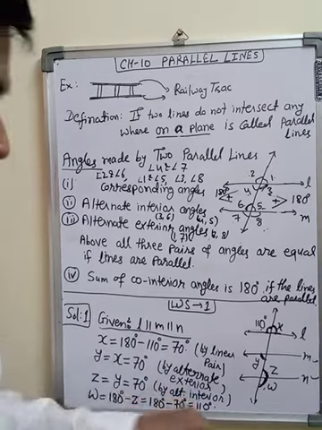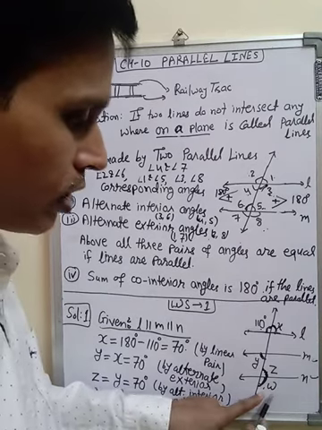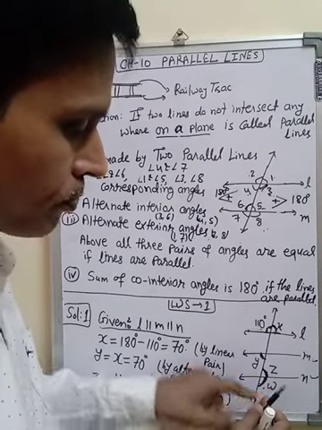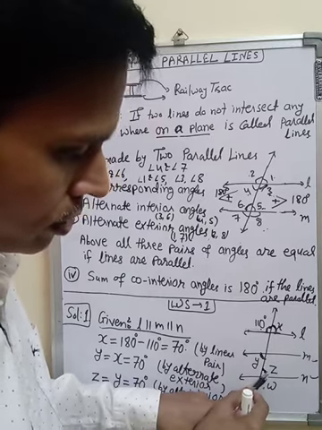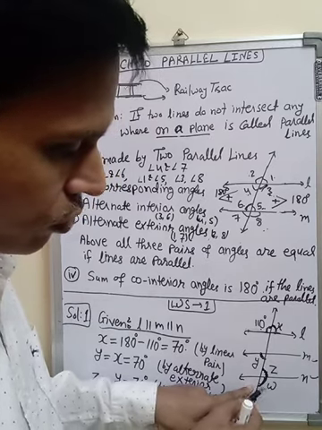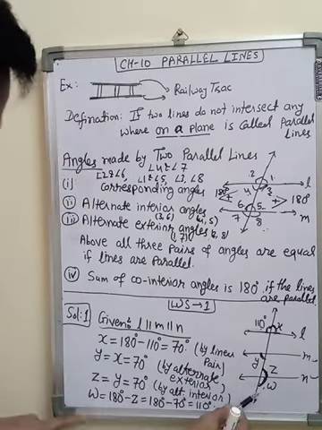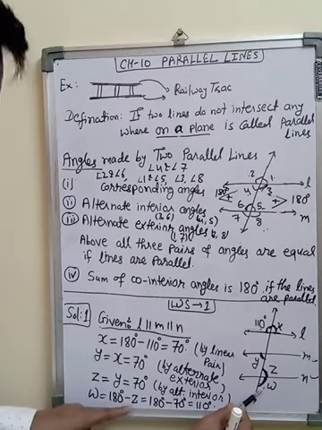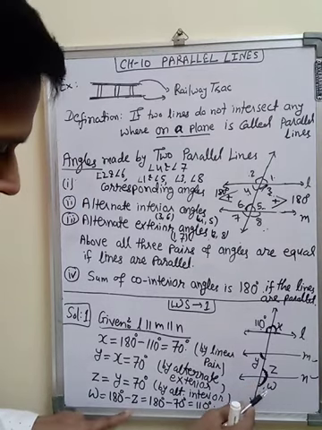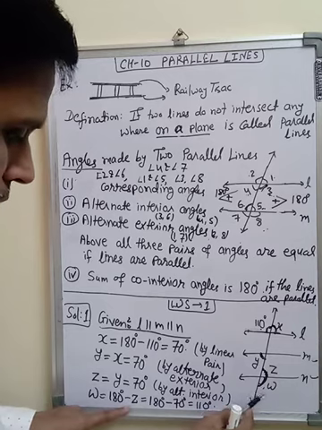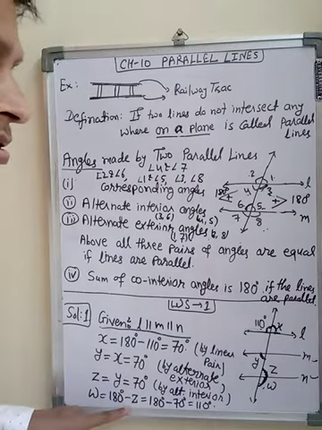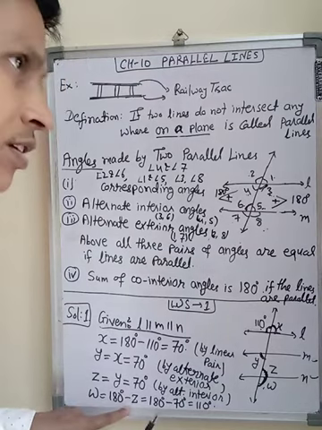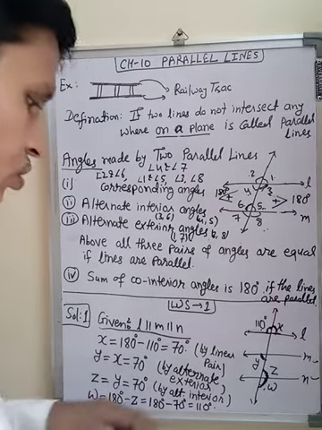What is left now? W. How will we find this angle W? There are two or three ways. With the help of Z we can find it. Z is 70 degrees, so by linear pair, W is equal to 180 minus Z, which is 180 minus 70, equal to 110 degrees.